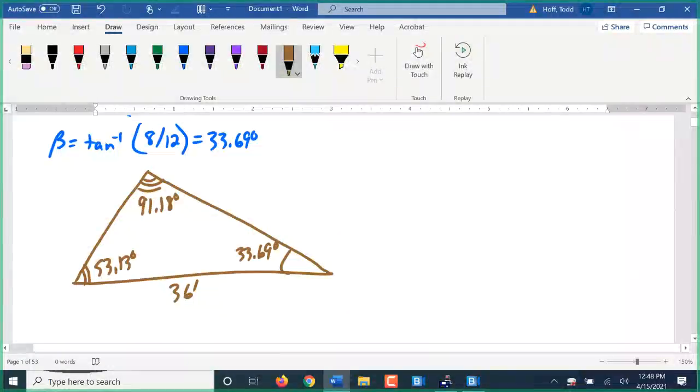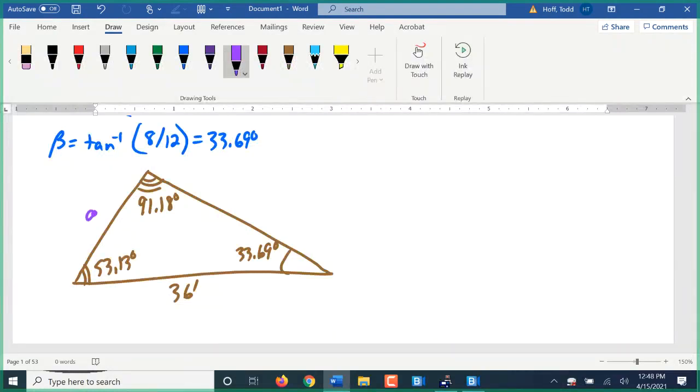With the overhangs cut off like this, we can find these sides here. I'll call this side D and F. I can find those by just simply doing law of sines. 36 feet over the sine of 91.18 degrees equals F over the sine of 53.13 degrees.